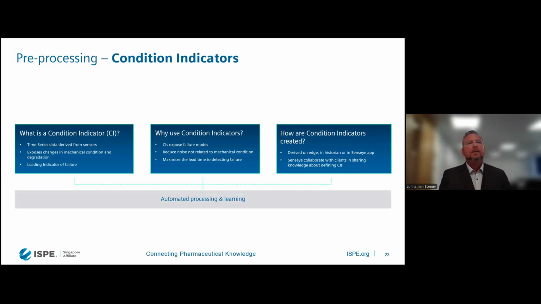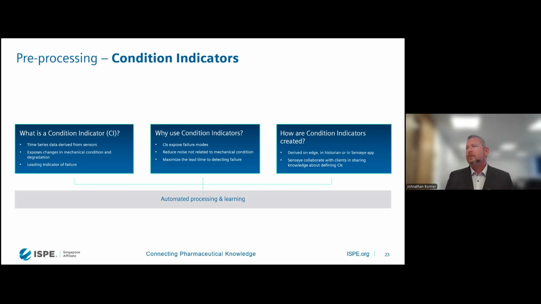For us, it's important to identify and define condition indicators. Condition indicators are derived from time series data. They come from condition monitoring data and, in the pharmaceutical industry, specifically also process data. They are derived from your process and condition monitoring data to expose signs of degradation and to give you leading indicators of failure.